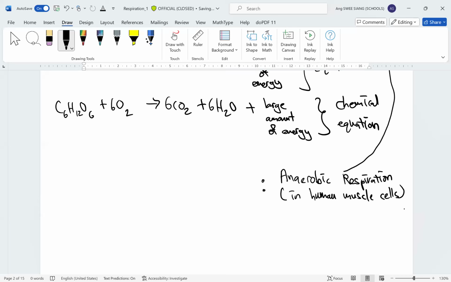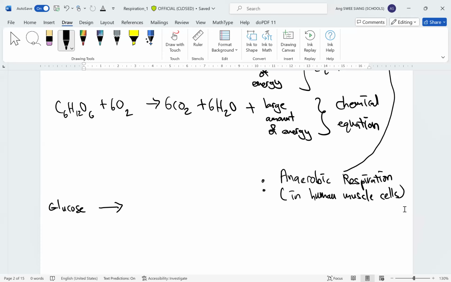Glucose, very good. What else? Some of the girls, I never hear your voice other than when I force you to answer my question. Please volunteer if you can. What is the word equation for anaerobic respiration? Glucose to lactic acid. You only have glucose as a starting material. Anything else?